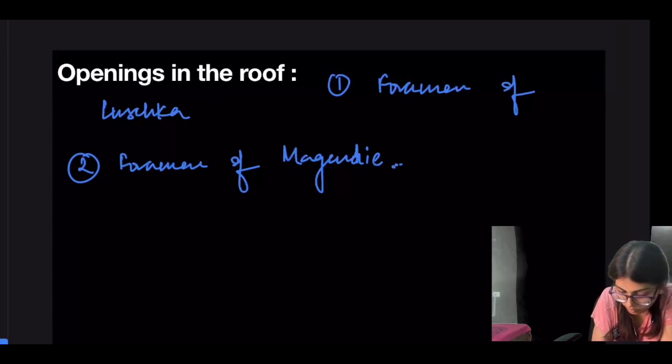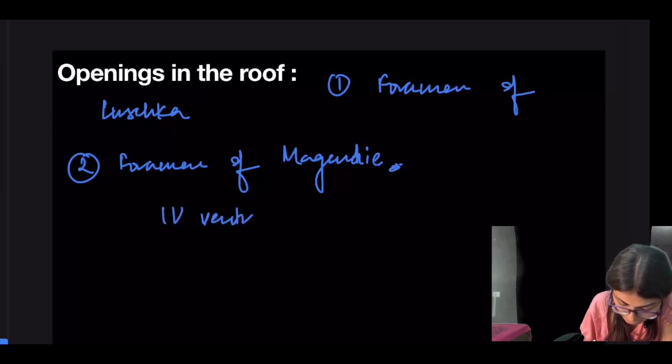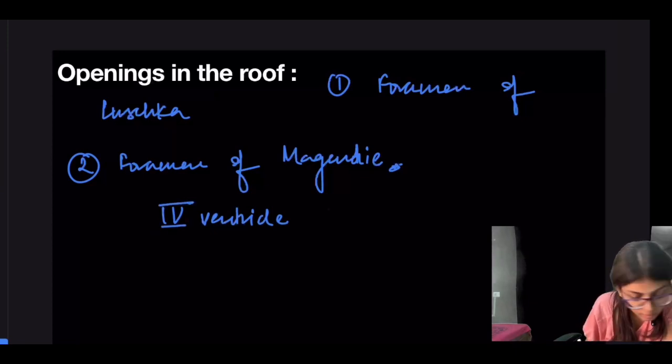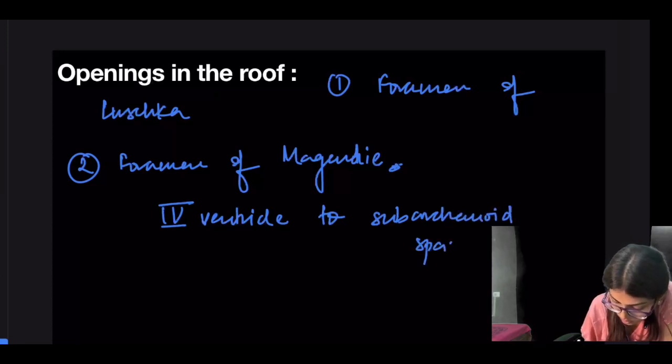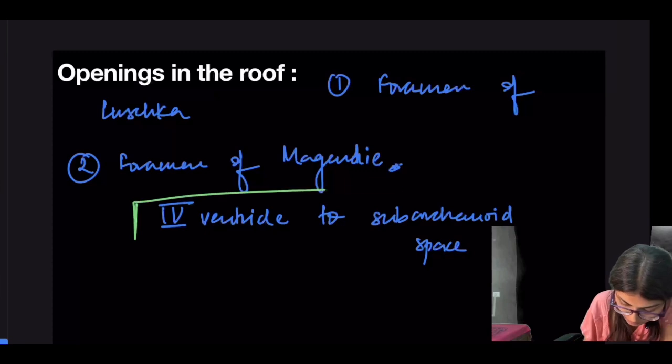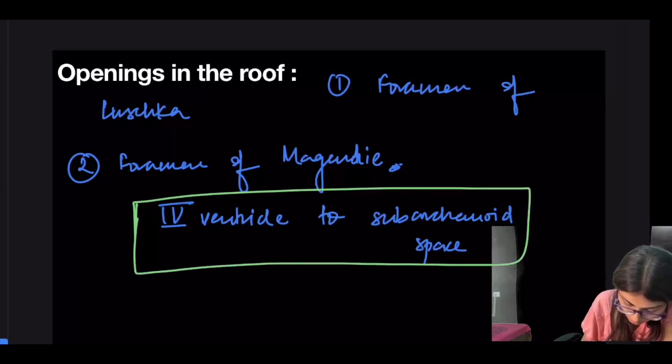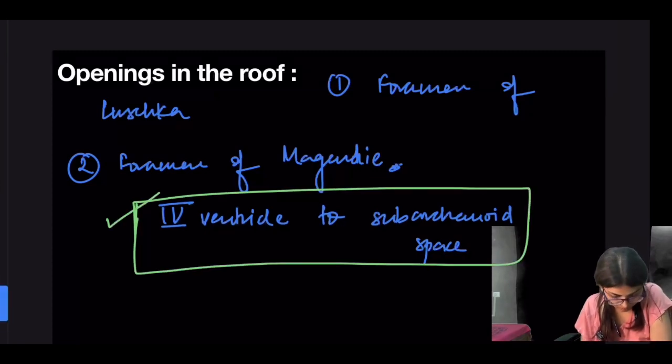These two foramina, the foramen of Luschka and the foramen of Magendie, communicate the fourth ventricle with the subarachnoid space.